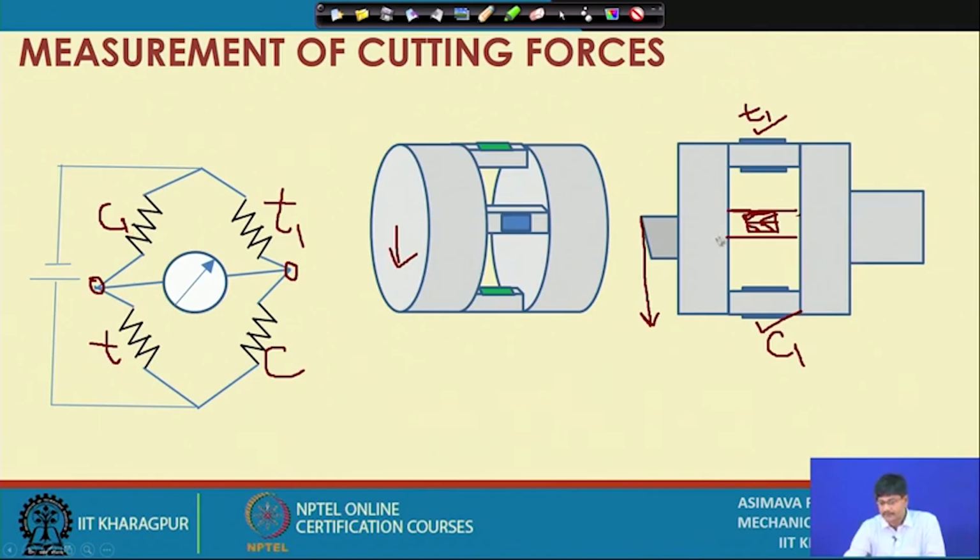This is also far away from the neutral axis, so this will be T2, and this one will be C2.